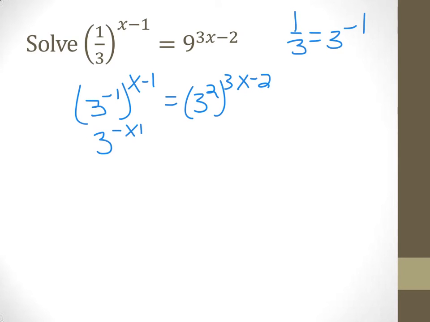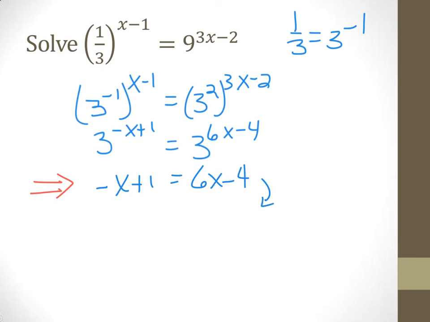3 to the negative x plus 1 is equal to 3 to the 6x minus 4. We're just multiplying in. And here 2 times 3x is 6x, 2 times negative 2 is negative 4. Now we can go ahead and equate exponents because we have like bases.